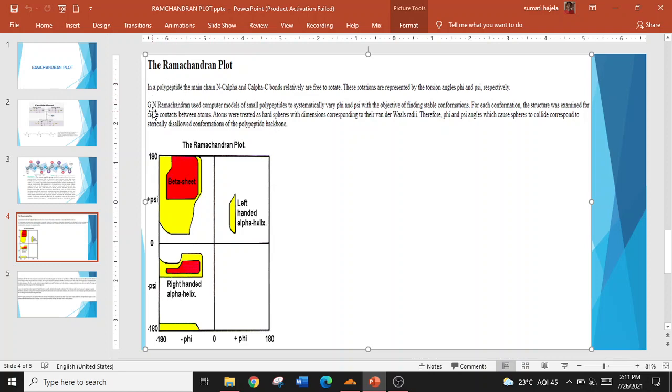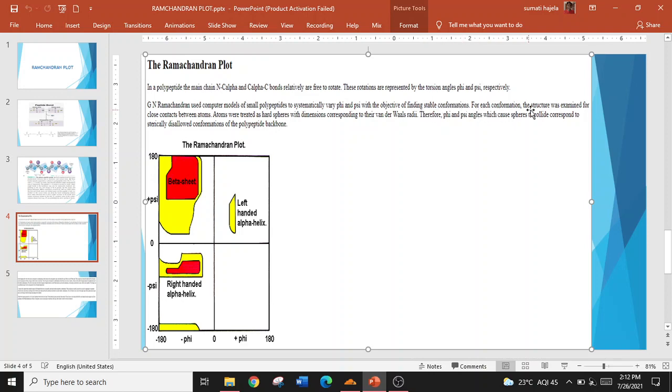The full name of the scientist was Dr. G.N. Ramachandran, who used computer models of small polypeptides. How he experimented and decided what phi and psi angles can exist between every two amino acids: he used computer models of small polypeptides to systematically vary phi and psi with the objective of finding the stable conformations.